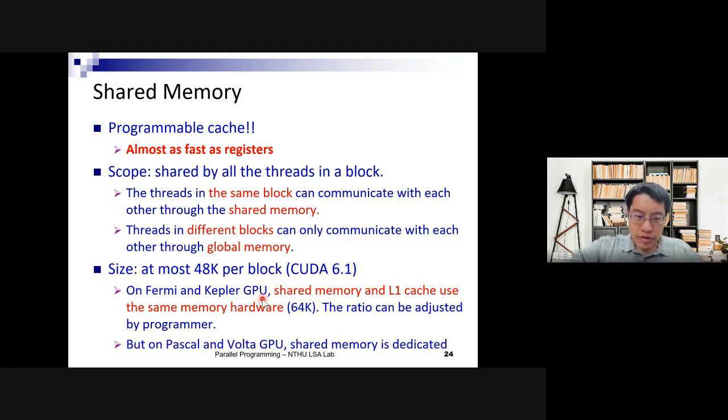And by the way, this shared memory is stored on the on-chip memory, right? And we said that the L1 cache for the local memory, or for some of the global memory cache as well, is also stored on the on-chip memory. In the past, all those caches and shared memory used the same chunk of on-chip memory, so you could configure the ratio among them to decide how much of the on-chip memory is available for shared memory and how much for L1 cache.